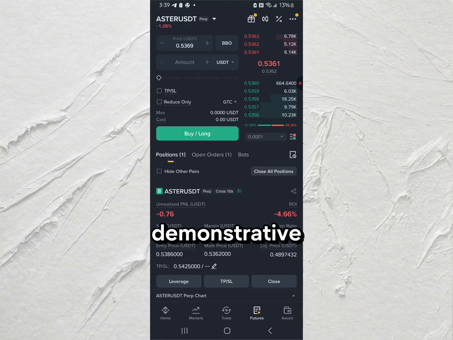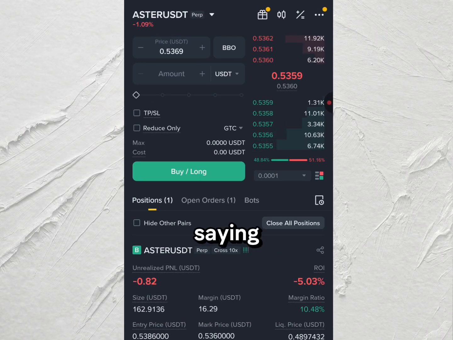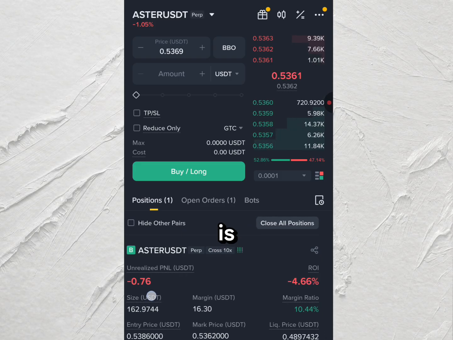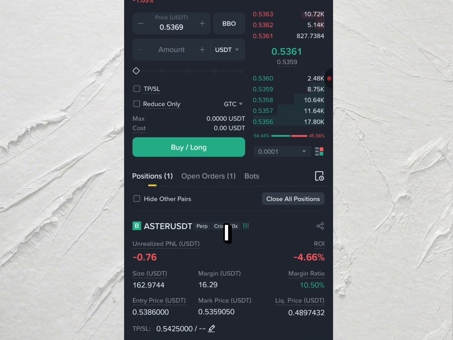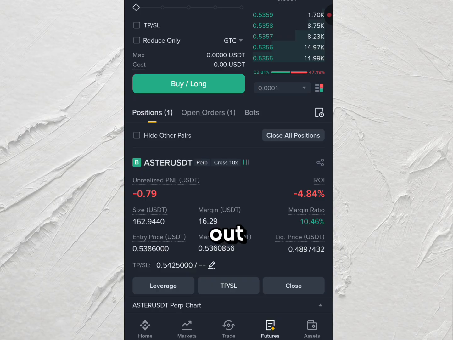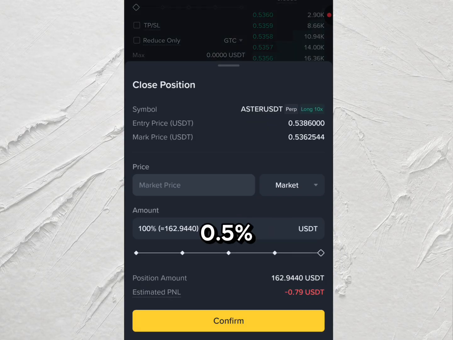So here is a demonstration of all of this that we've been saying during the course of this video. Right now, as you can see, our portfolio is currently worth approximately $163. If I want to close out this position, I'm going to be paying about 0.5%, depending on the type of order I use. Closing it out manually like this, I'll be paying the 0.5%, which is automatically the market price.